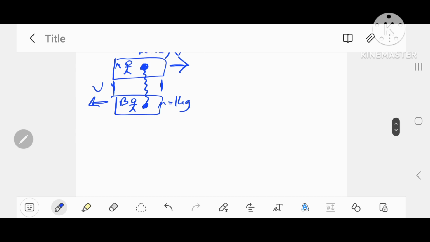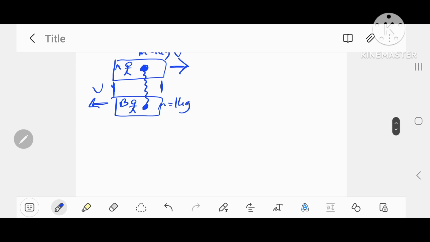Now after the spring is disconnected, the observer in each carriage, observer A and observer B, measures the velocity of their 1 kilogram masses, and they can both agree that their mass moves 1 meter across the carriage in 1 second.